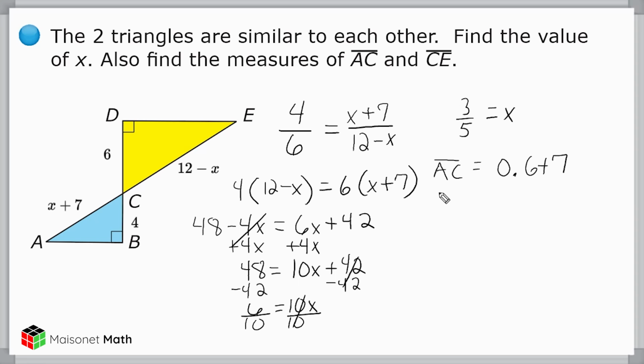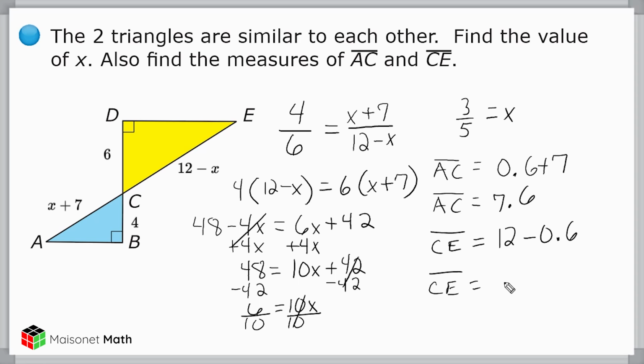So we're going to say that line segment AC is equal to 7.6. All right, now for line segment CE, which is equal to 12 minus x, we're going to write 12 minus 0.6, and that would give us a distance that is equal to 11.4.